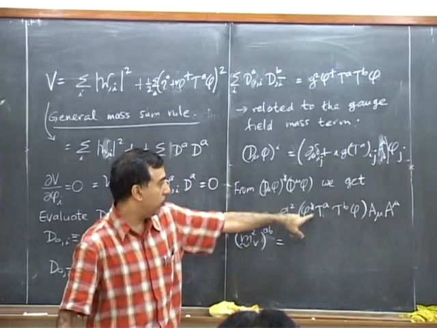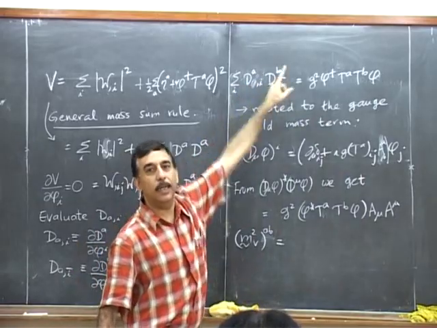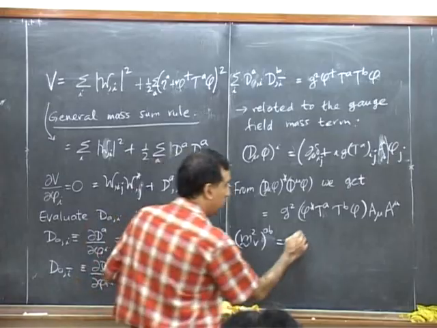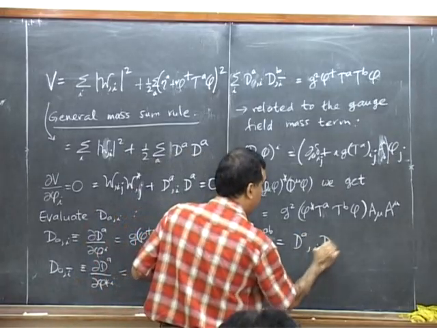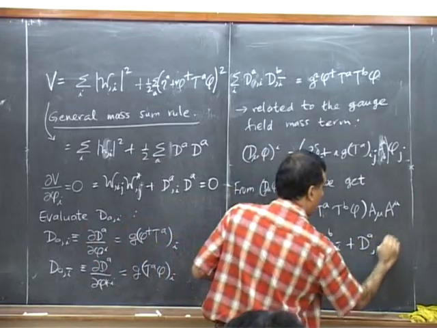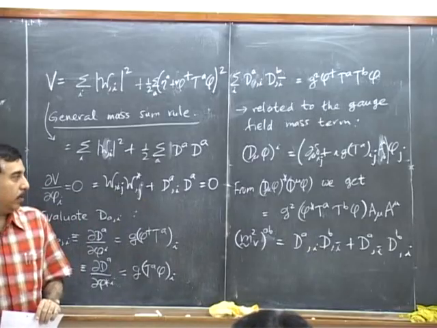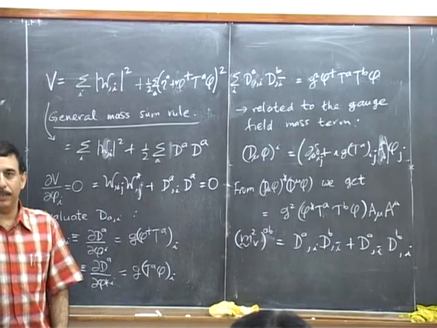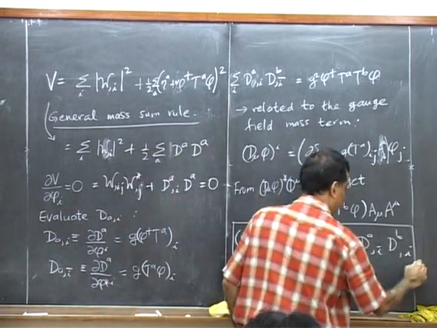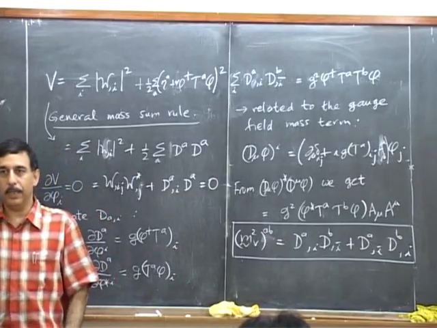So I can put a half and also a 2 here, and then I'll symmetrize this side in A and B to make it more manifestly symmetric. So I claim that this is D_A i D_B i bar plus D_A i bar D_B i. Is this accepted? So this is one ingredient in our super trace formula. It's the mass of the gauge fields post-Higgs mechanism.